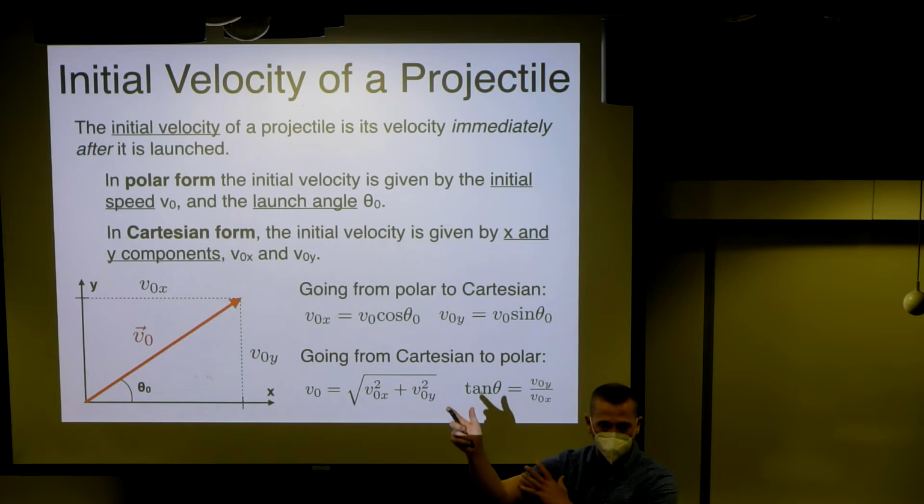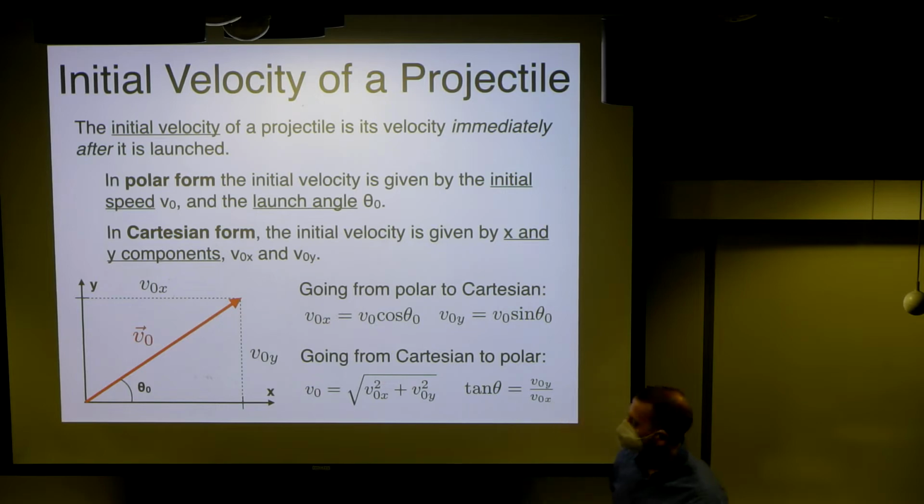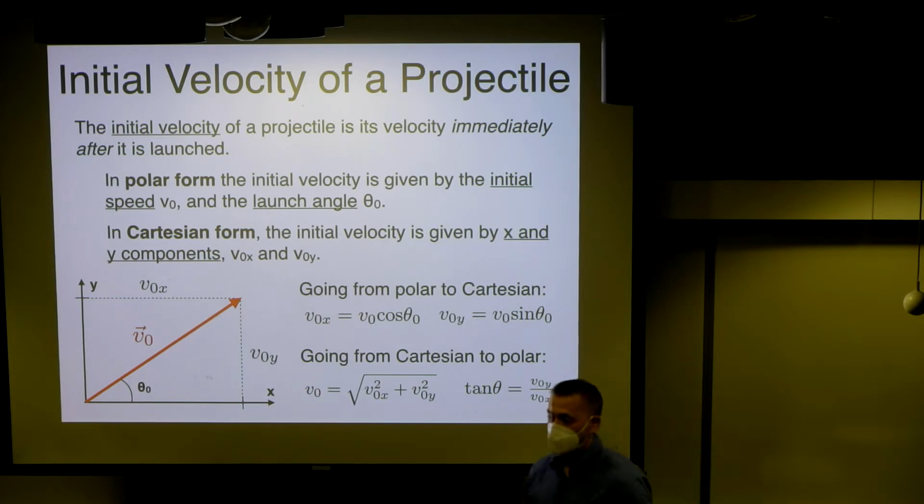I'm pushing it with my hand, correct? It's only the moment it leaves my hand that it becomes a projectile, and then we can start using our projectile motion equations. So in that example, the initial velocity would be the velocity of the ball at the moment it stops touching my hand, at the moment I release it, okay?